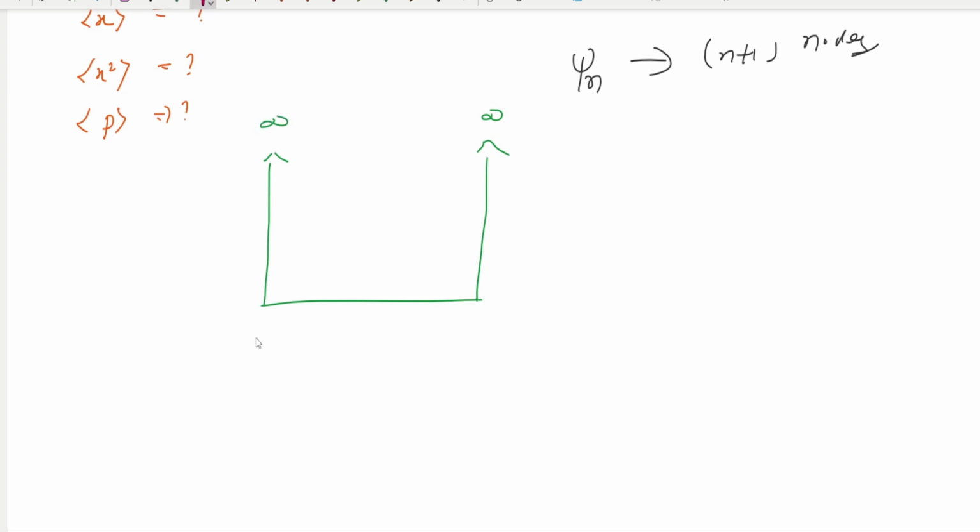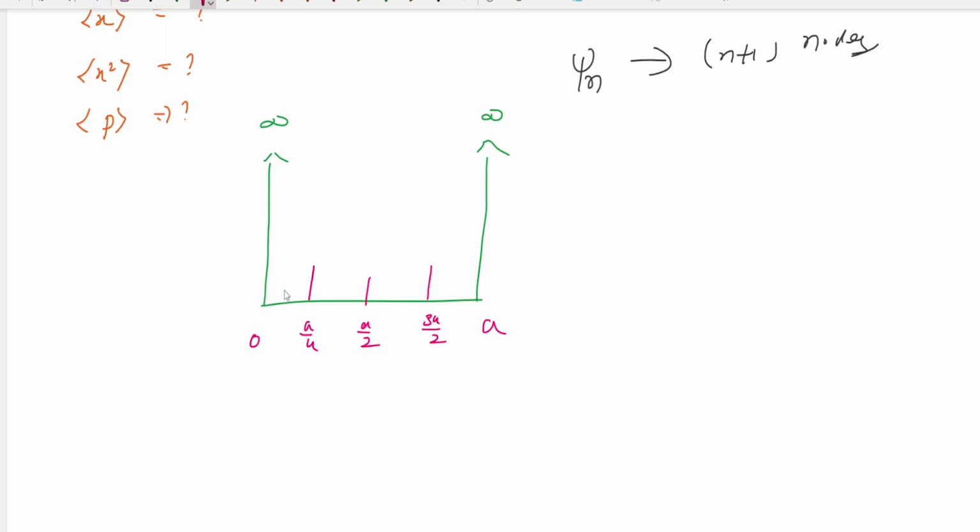For example, this is x is equal to 0, this is x is equal to a. Exactly, I'm going to cut this box, I mean one more wall is there here. This is a/2. Then again I'm going to use one restriction here, so this is a/2, this is 3a/2. This is perfect.